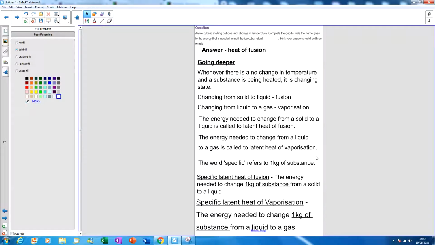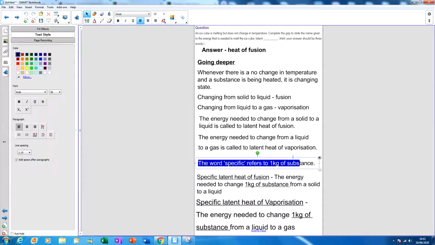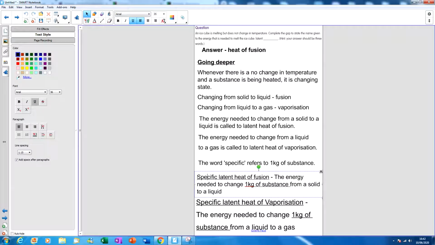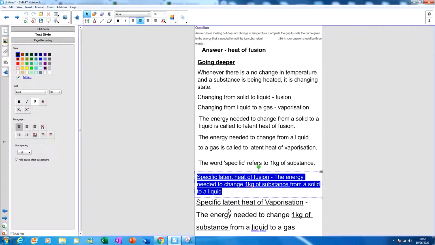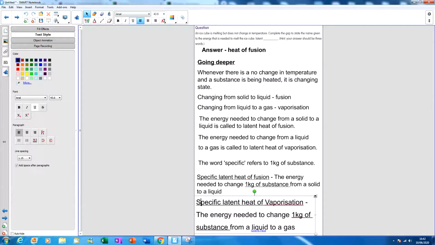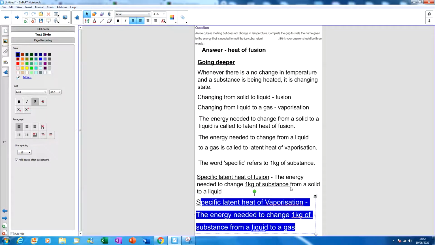Now, we add the word specific to that usually in this course. And the word specific refers to 1 kilogram of substance. So I really do recommend that you note down this definition that I'm highlighting, the specific latent heat of fusion, and this definition, the specific latent heat of vaporization.